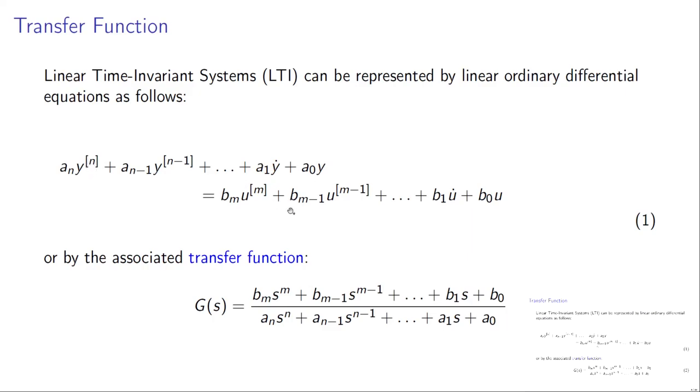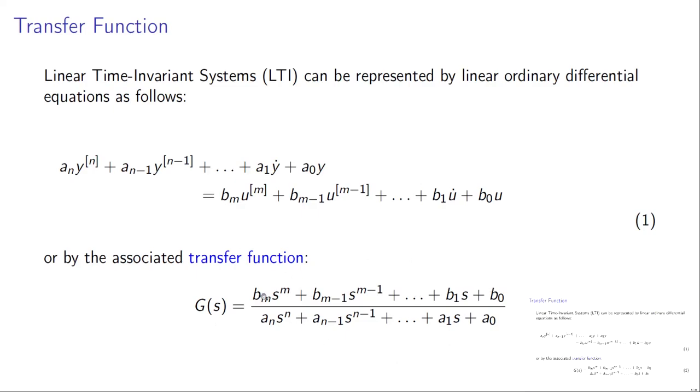So when you apply the Laplace transform to ODE 1, you have the associated transfer function. The transfer function is relating the output y with the input u by this rational transfer function.